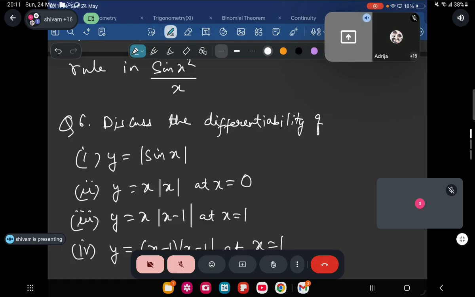Pratyay, part 1 is correct. Part 2 is correct. Part 3 is correct. Shubhangi, your answer is correct now. Avipsha, part 1, there will be some more points. Part 2, you have to tell me whether it is differentiable, not differentiable.